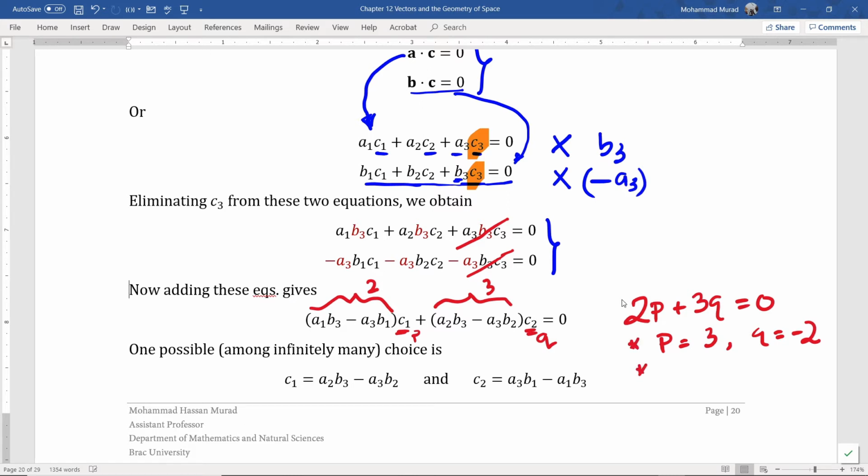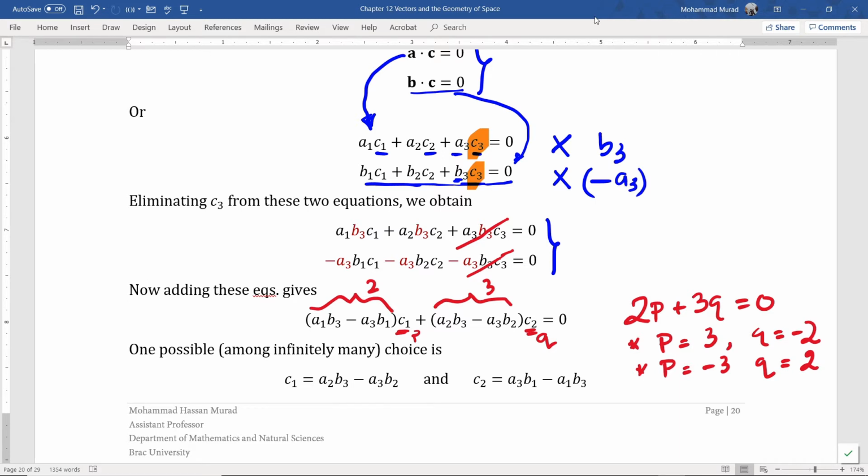The other possible solution could be p equals -3, q equals +2. This once again gives -6 plus 6, which is also 0. We can set the values of p and q in infinitely many possible ways.